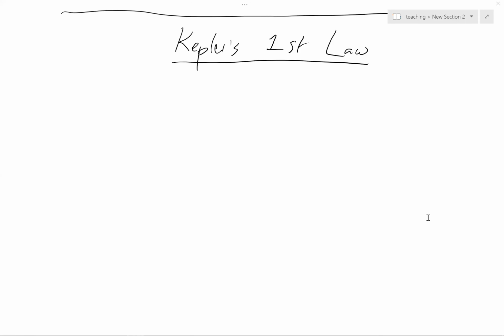All right, so this is part two of deriving Kepler's laws from the universal law of gravitation. Newton's law of gravitation was that force, which of course is ma, is minus GMm over r squared, r hat.